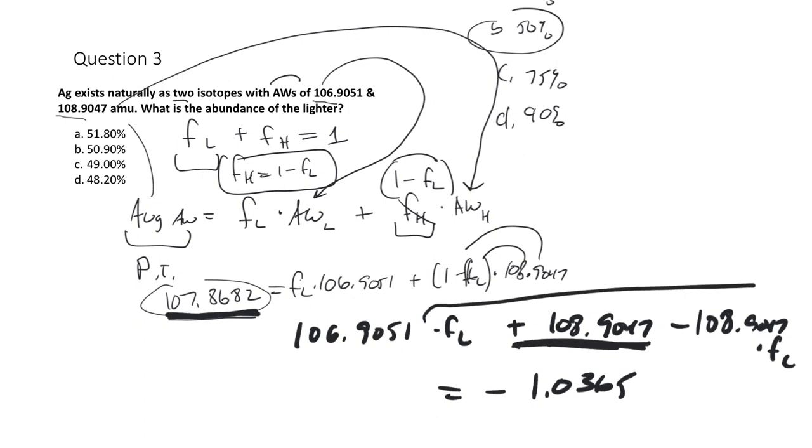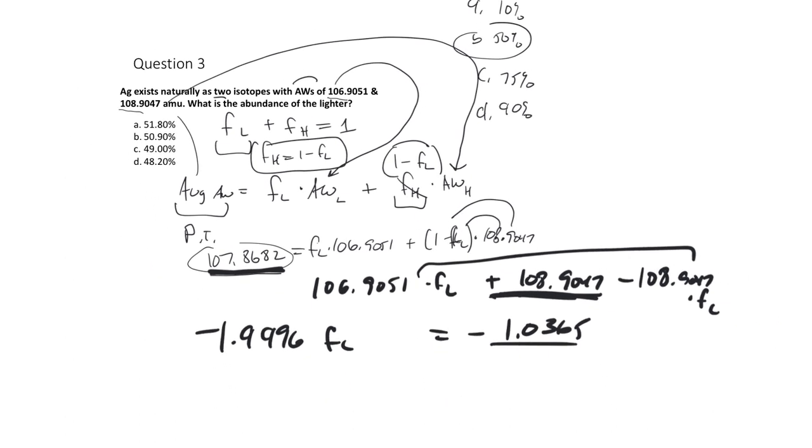And then we have to combine our fraction of the lighter isotope terms. So I do 106.9051 minus 108.9047. I come up with negative 1.9996 times the fraction of the lighter isotope equals this value here.